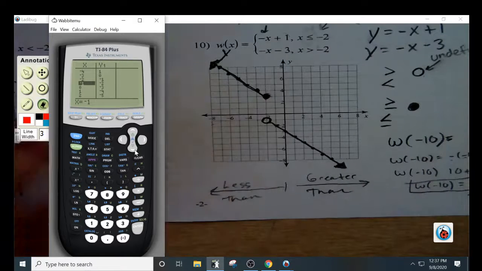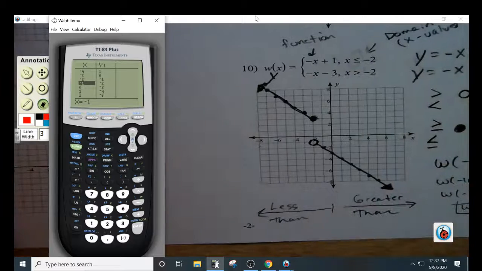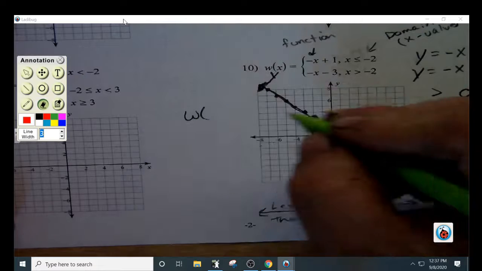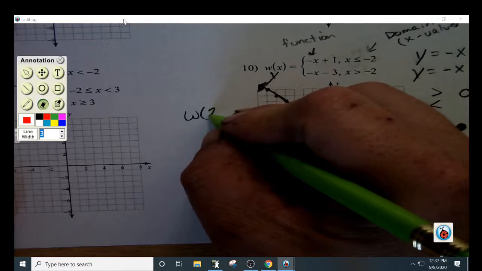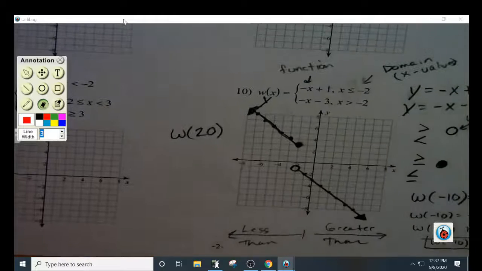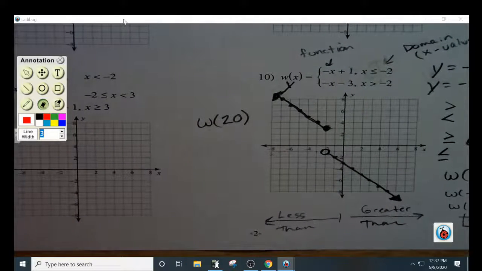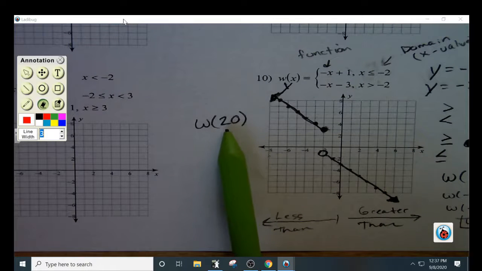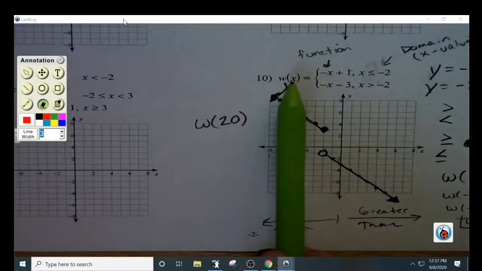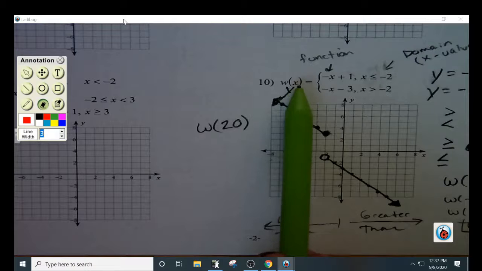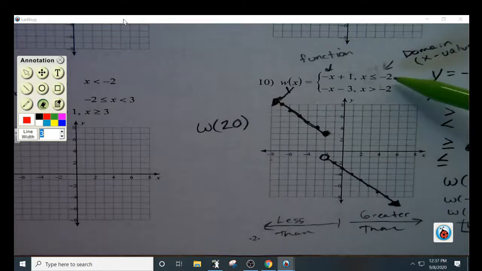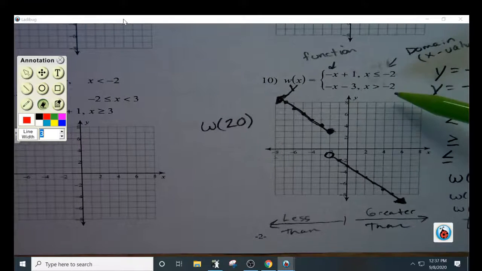What if they ask you W of 20? What does this number right here represent? Come on, guys, you gotta talk to me. X value, right? Now, I gotta find out which domain this fits into. Does it fit into x values less than -2 or x values greater than -2?